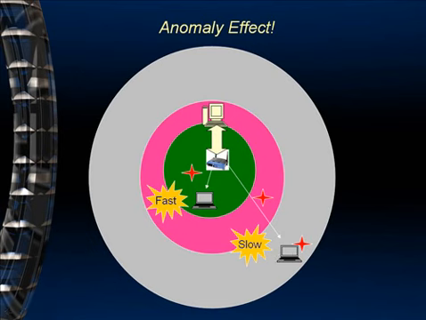In terms of throughput, the maximum throughput achievable in an 802.11 network is practically verified to be 33 Mbps. Let's forget about that and talk about what the anomaly effect is.